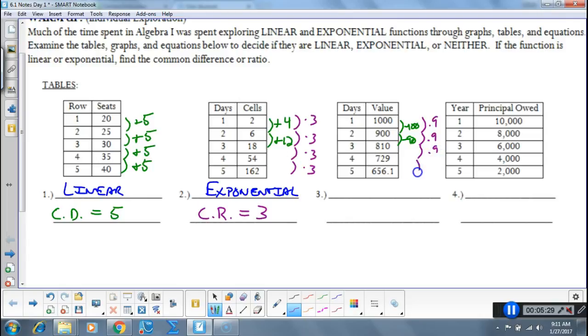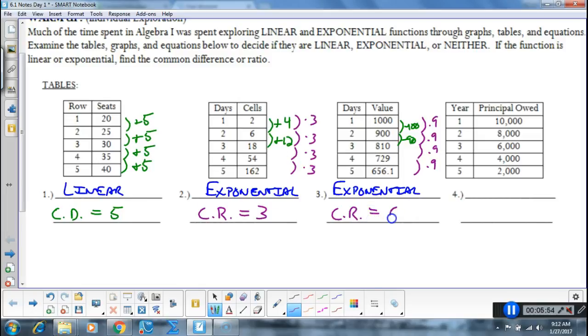And I'm guessing then that 729 times 0.9 is 656.1. Okay? So it actually ends up being exponential, with a common ratio of 0.9.